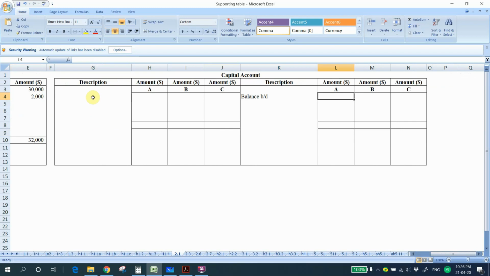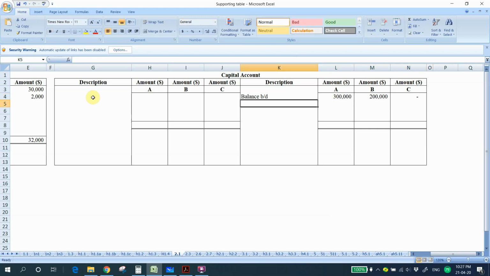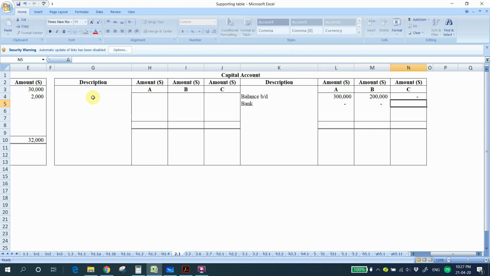Equity is on the credit side. So 300,000, 200,000 for B, and 0 for C. And Mr. C is joining by using 100,000 capital, right? So we assume this payment is made by bank. So this is to show the admission.